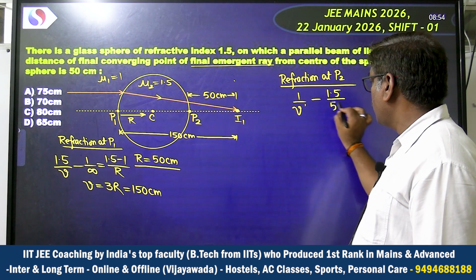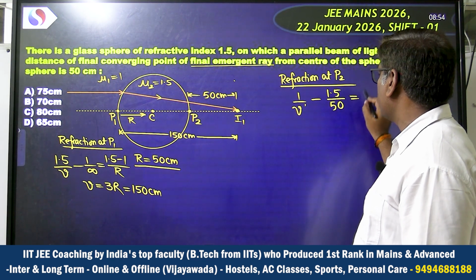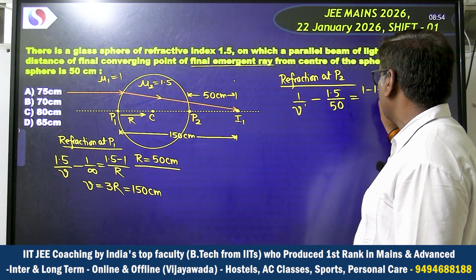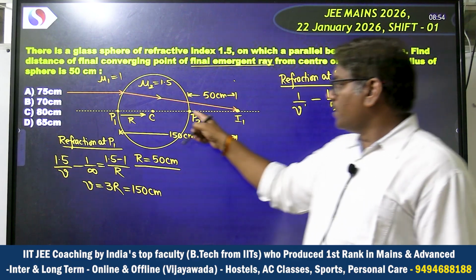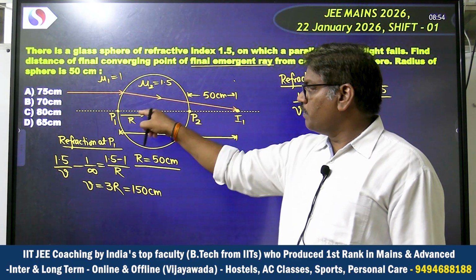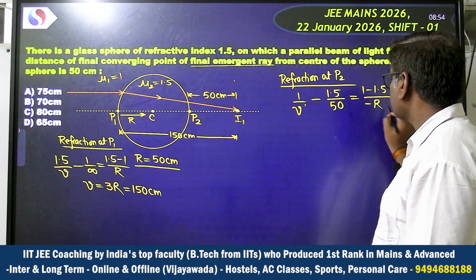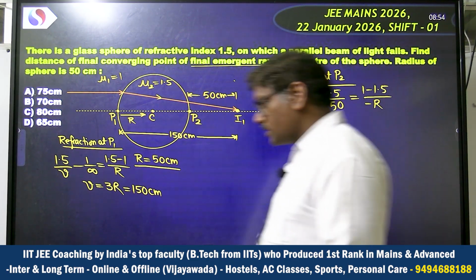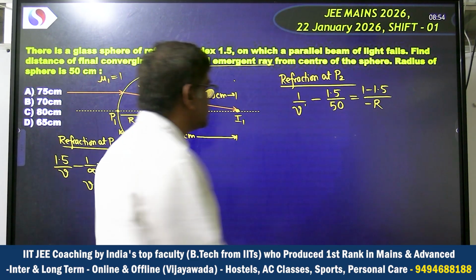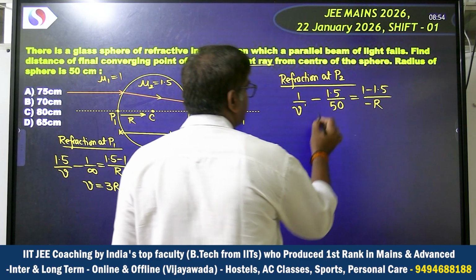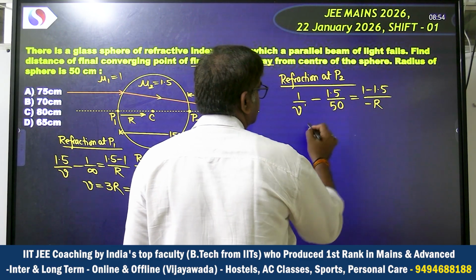That equals mu2 minus mu1, which is 1 minus 1.5, by R. For the curvature of P2, it will be on the opposite side, that's why it is minus R. This is how we calculate V dash.